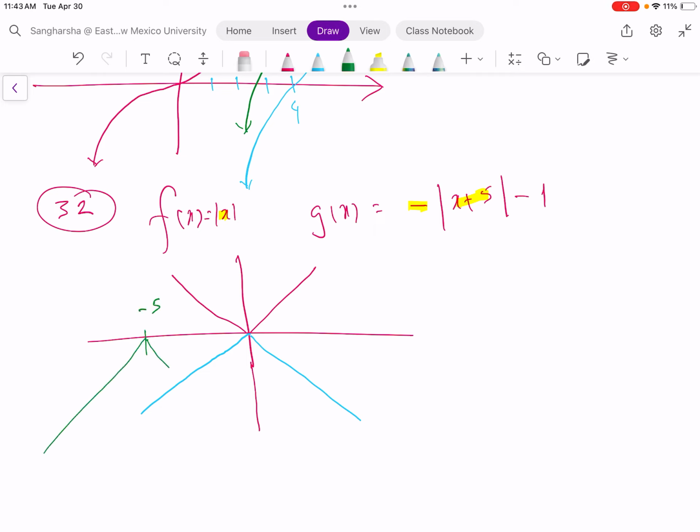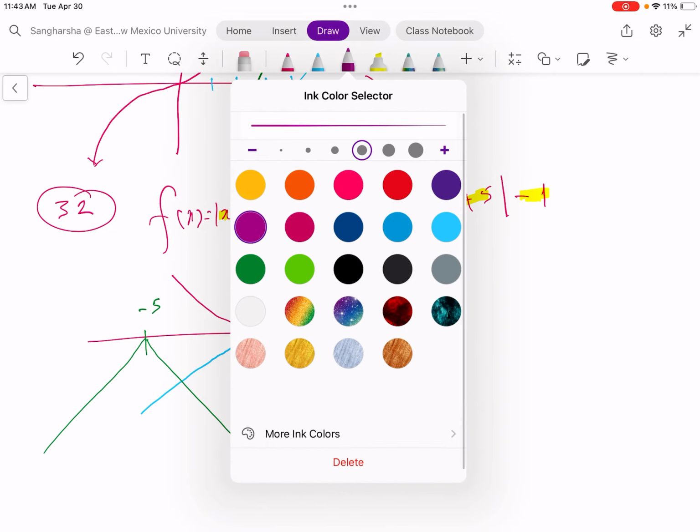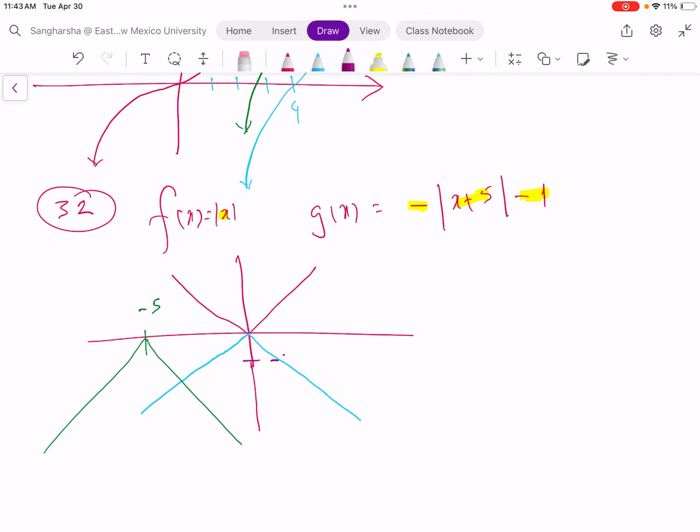And then you subtract 1. It means you are moving your graph down by 1 unit. So this is -1. So from here you draw a V shape, and this is our g of x.